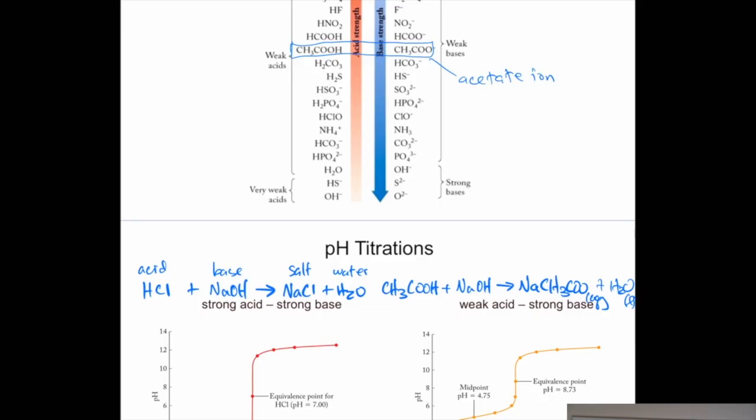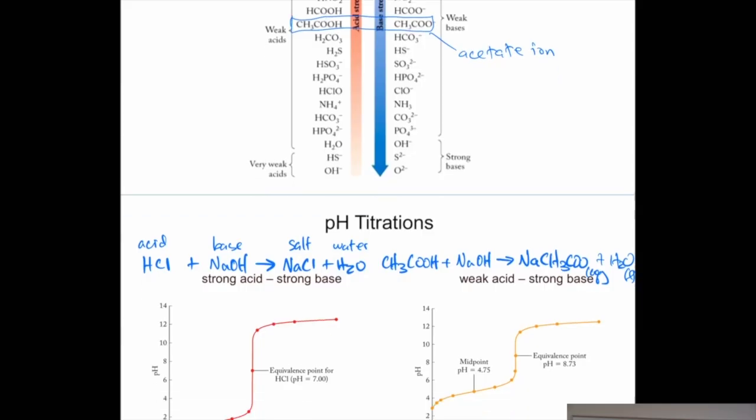Even though the acetic acid is in equilibrium with the acetate ion and hydronium ion, we're adding sodium hydroxide. So via Le Chatelier's principle, we're constantly pulling the acetic acid into its component ions through the neutralization reaction. So ultimately, this still all goes to product in the end.